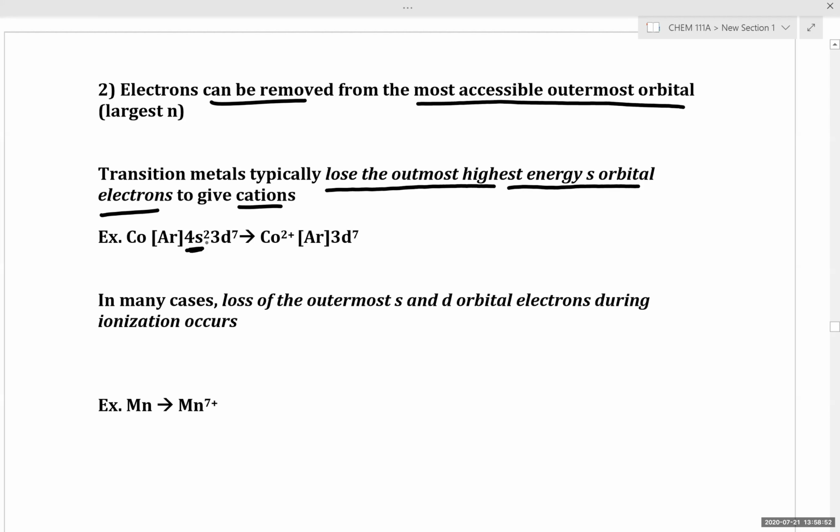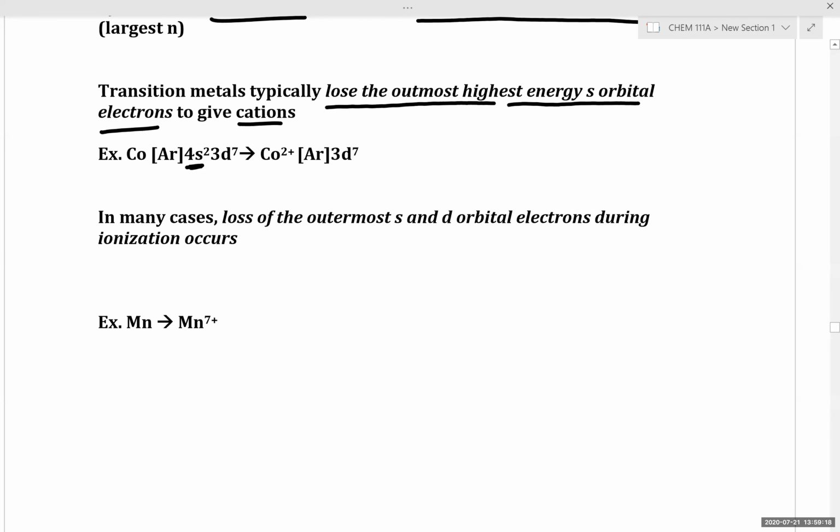Now, it's important during ionization to just lose the s electrons if you're predicting the 2+ ion. Don't do anything fancy and try to rearrange this configuration into an irregular configuration. For ionization, you first and foremost lose your s electrons, and then you start to lose your d electrons.